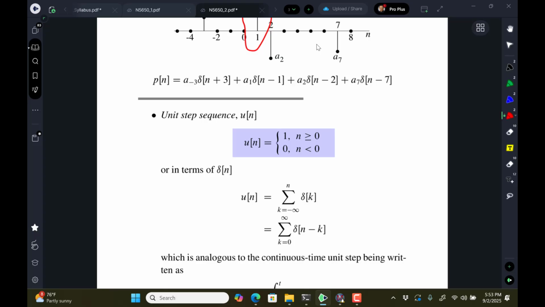Okay, the unit step sequence is just the next one in this set of definitions. The unit step sequence is defined to be 1 whenever n is greater than or equal to 0, and 0 for n less than 0. It's almost identical to the continuous time version, but in the continuous time version, they say it's a function that's 1 for t greater than 0 and 0 for t less than 0, and then they leave nebulous when t is equal to 0.